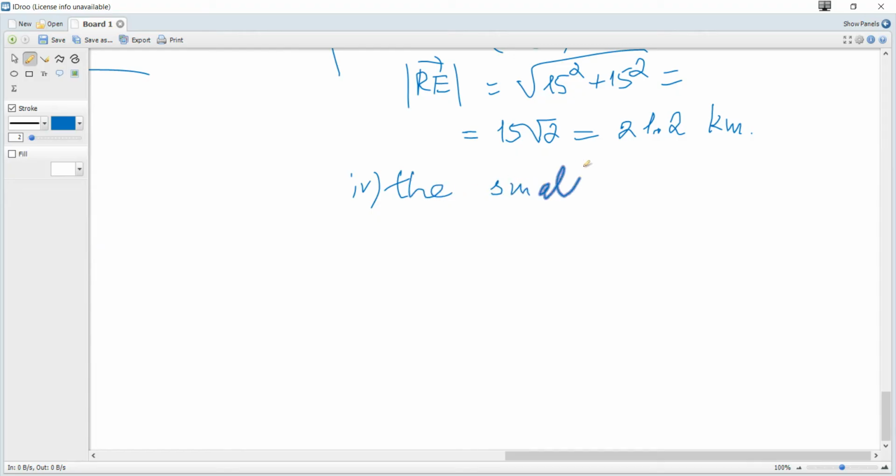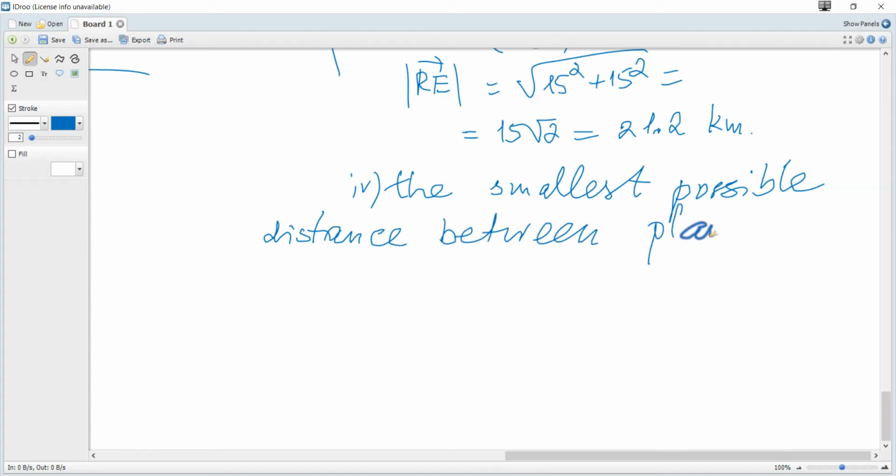the smallest possible distance between planes is 15 root 2 minus 6.4, or 21.2 minus 6.4, which is greater than 10 kilometers, and it means that the distance is always greater than 10 kilometers, and the difference in height in general doesn't matter if the distance between them is always greater than 10 kilometers.